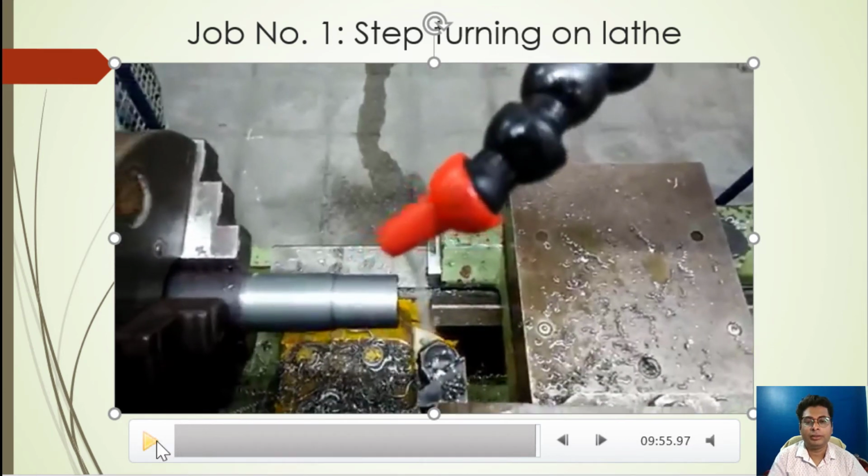See, half of the task has already been performed. We can clearly see the two different steps. In this way, multiple steps or multiple operations can be performed on a single workpiece and we can get the desired output through a lathe.